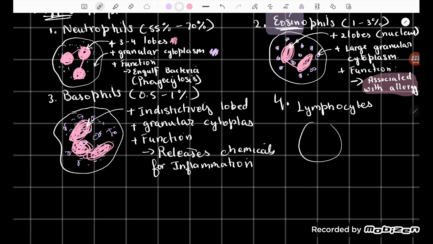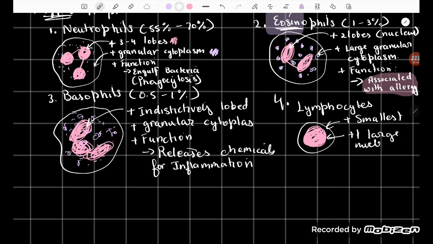I'm going to draw it relatively small. The nucleus is very big. The main points here: smallest, one large nucleus.